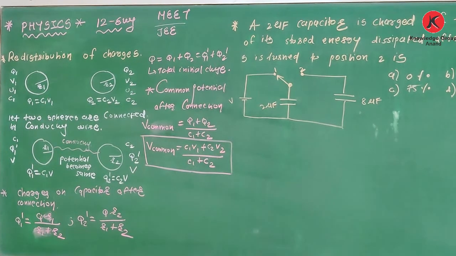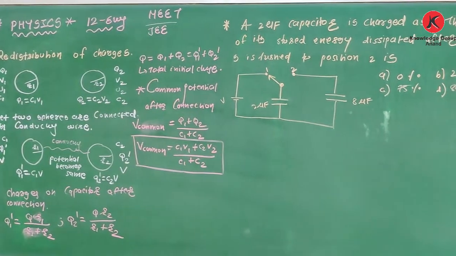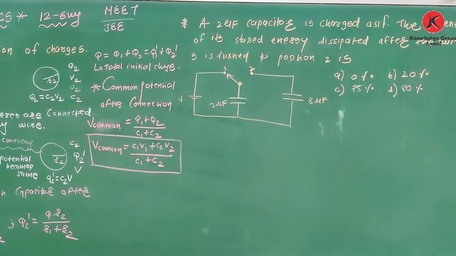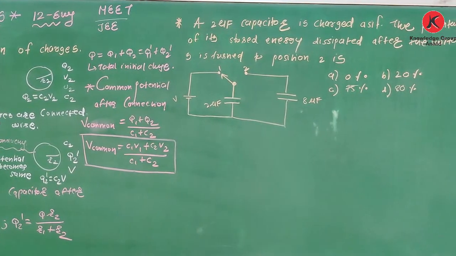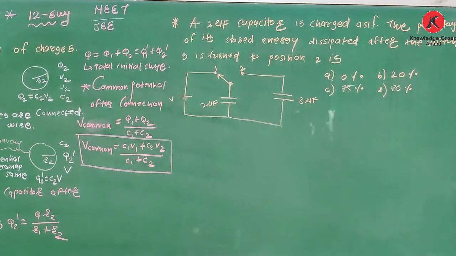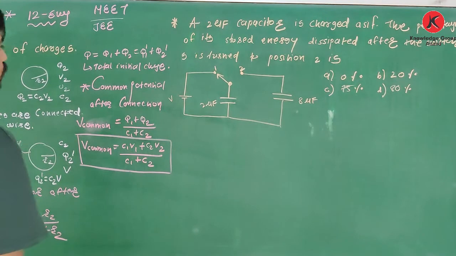See what the question is. You are given a 2 microfarad capacitor which is charged as shown in the figure. The percentage of its stored energy dissipated after the switch is turned to position 2.